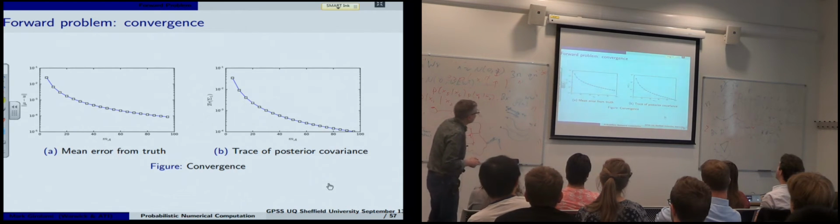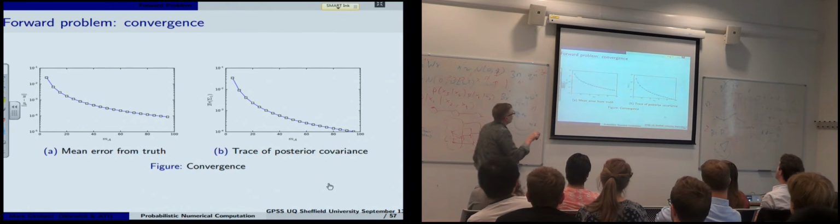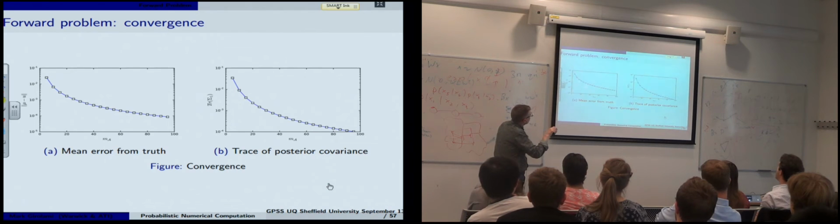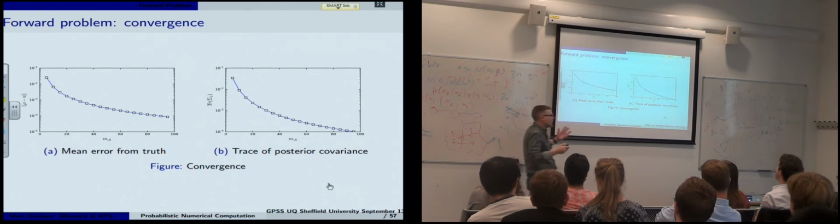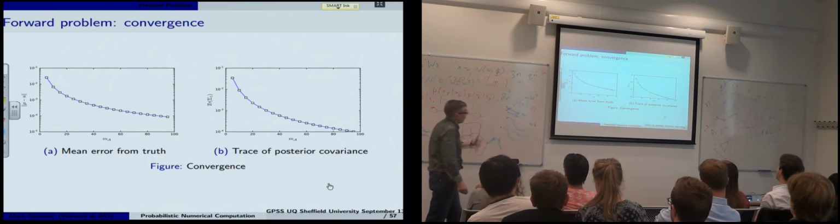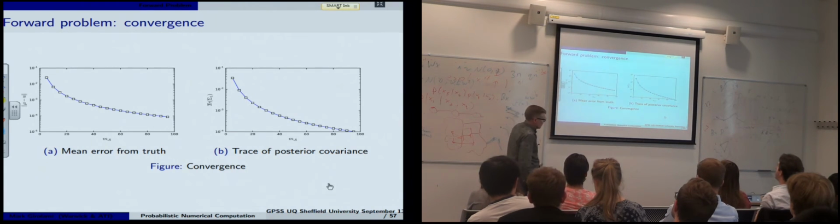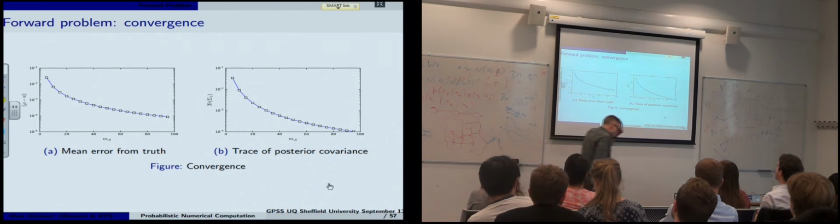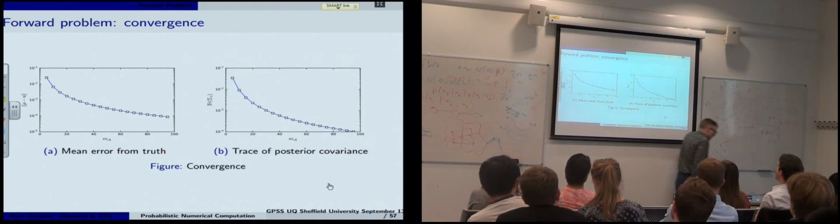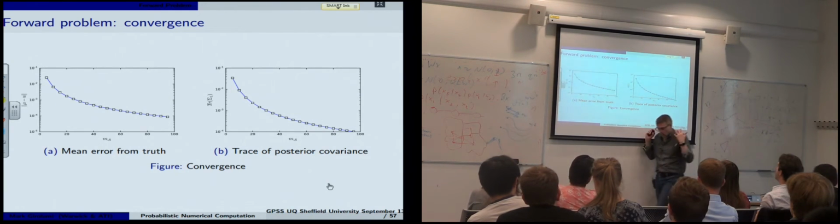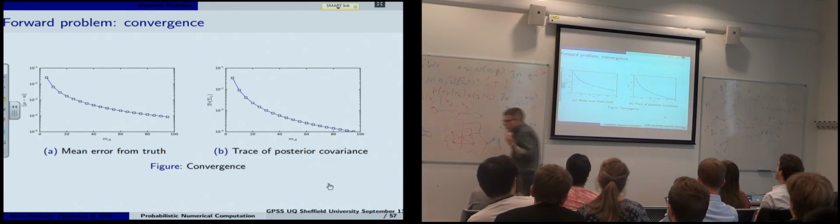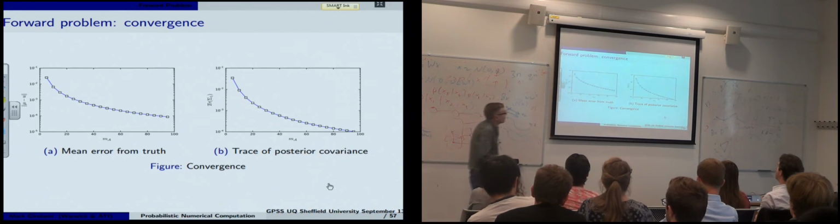Just a couple of other things. The traditional measure of the error that a numerical analyst would use, if you had the oracle of the actual true value against the numerical solution, would look something like this. But because we have a probabilistic representation, our error would be the trace of the posterior covariance function.